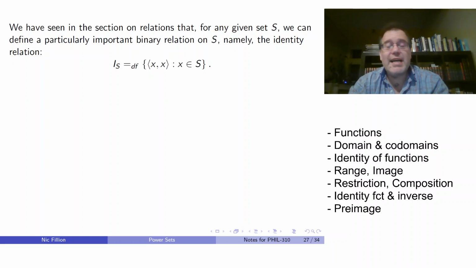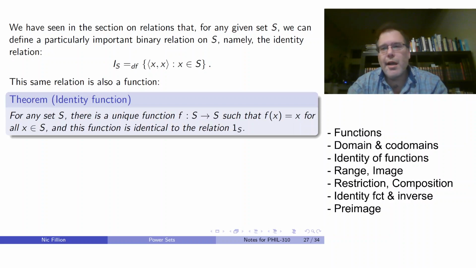Now, it turns out that this relation is a function too. Yes, it is indeed. We can formulate that as a theorem as follows. For any set S, any set whatsoever, there's going to be a unique function whose domain is S and codomain S also, such that f of x equals x.